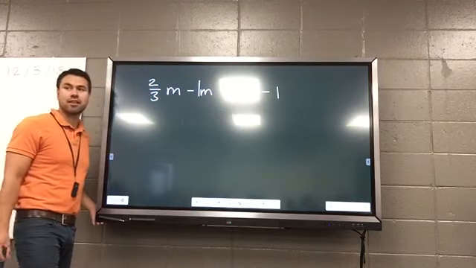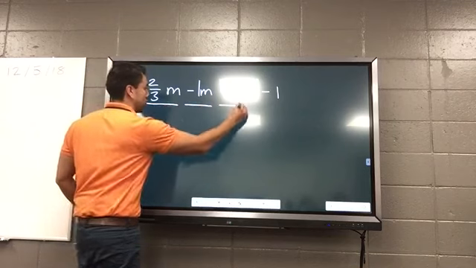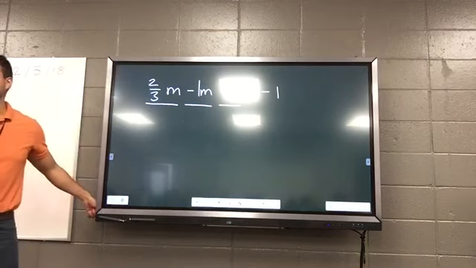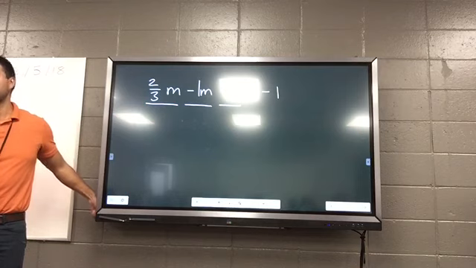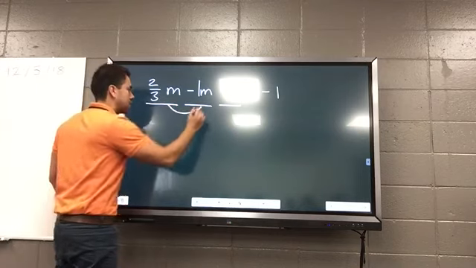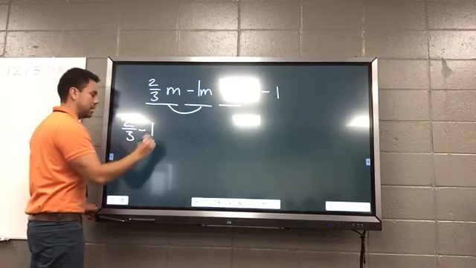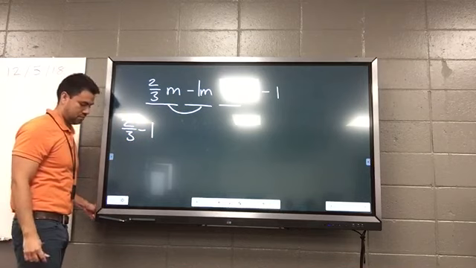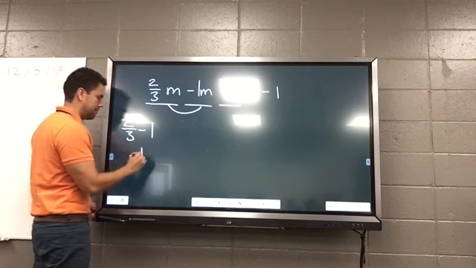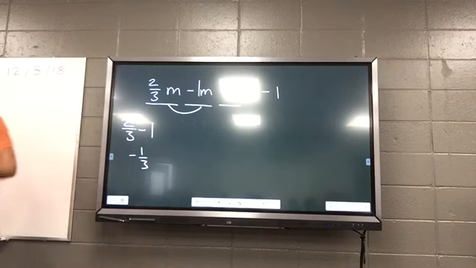How many terms on the left? 1, 2, 3. Are there any like terms on the left? Brad, which ones? 2/3 and -1. Okay, so we're combining these two. What's 2/3 minus 1? -1/3. How'd you get that? Like how? Because I don't get it. I'm confused now.